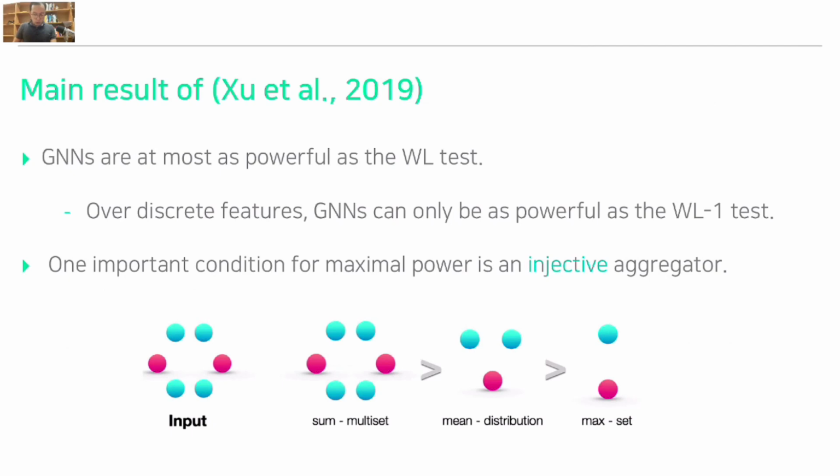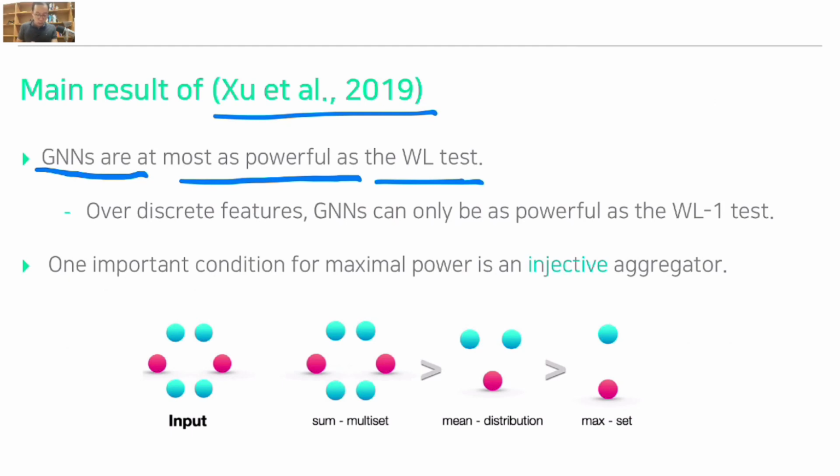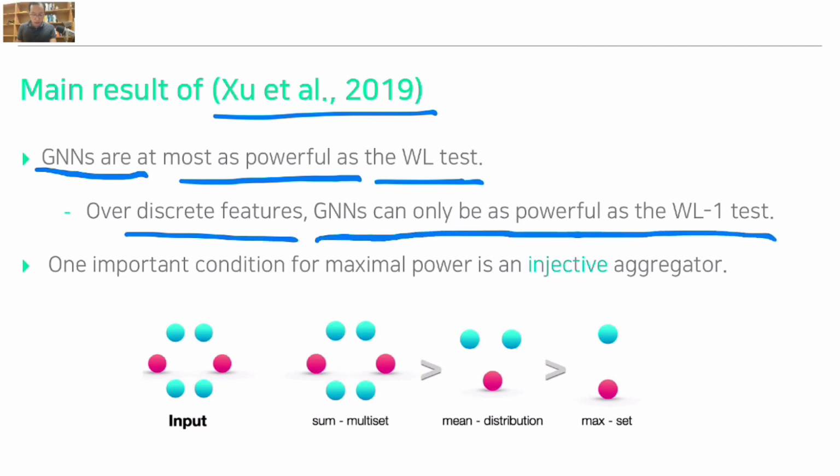So now we understand what the WL test means. According to the paper, they showed that GNNs are almost as powerful as the WL test. But their important assumption is that the graph uses discrete node features, and the GNNs can only be as powerful as the WL test.